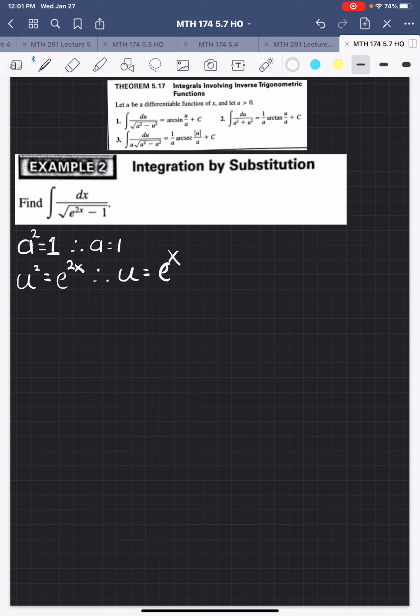All right, now, since we're here, if u is e to the x, what is du? Well, remember, it's pretty easy. The derivative of e to the x is just e to the x. So du is e to the x dx. Okay, what's going on here? What are we missing? Let's see if we can spot it.